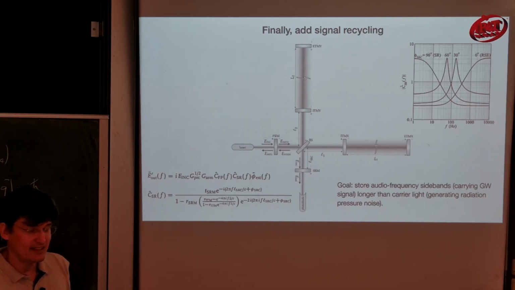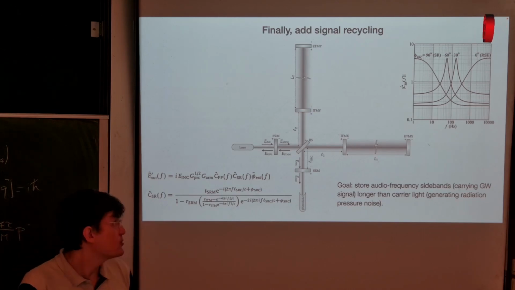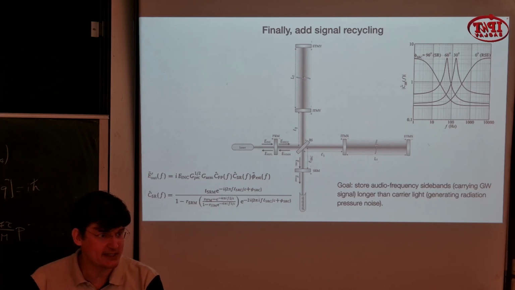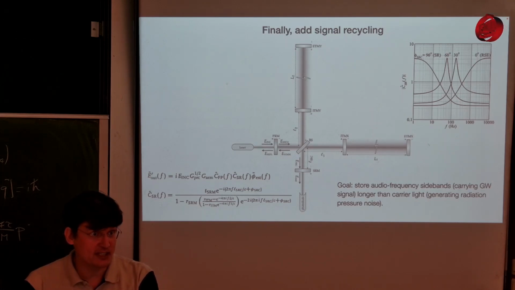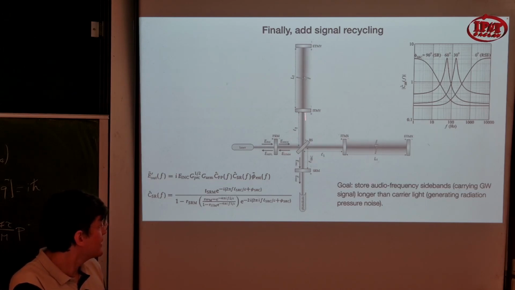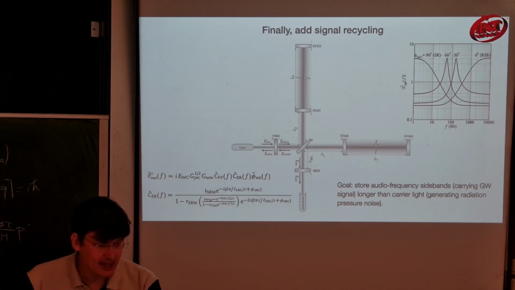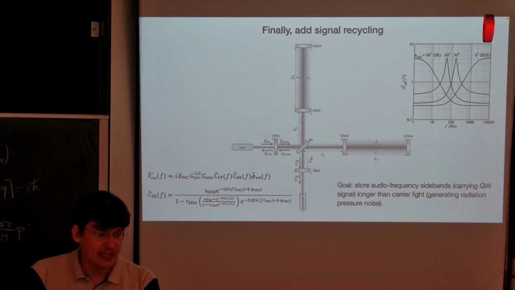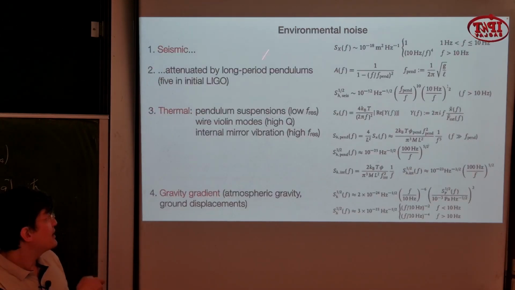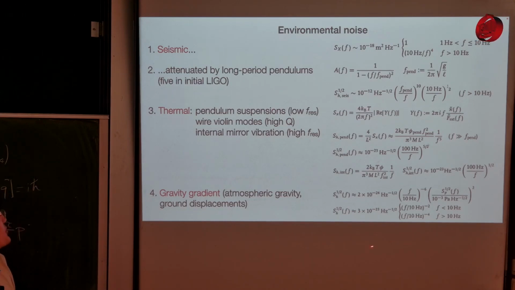So that's too hard. I think when you adjust these parameters, then the interferometer needs to settle and so on. But the idea is you want to store your signal, which is a sideband, because it modulates the carrier power in the laser. You want to store it longer than the noise in the laser.